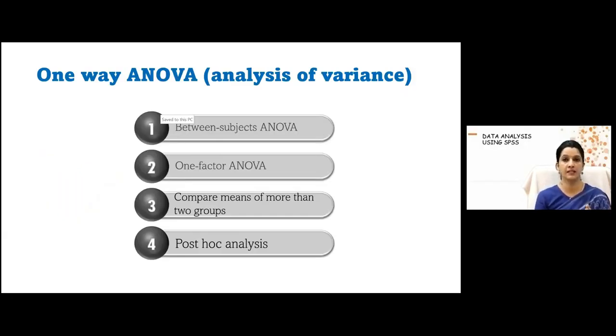It is also known as the between subject ANOVA, one factor ANOVA, and here we compare the means of more than two groups, and we perform the post hoc analysis. Because there are more than two groups, there will be differences across group 1 and 2, 1 and 3, and 2 and 3. For that, which particular pair is showing a significant difference, we have to find out, and we do it by the post hoc analysis.